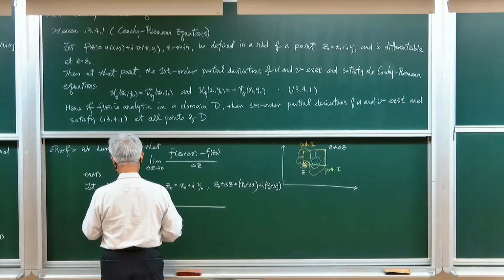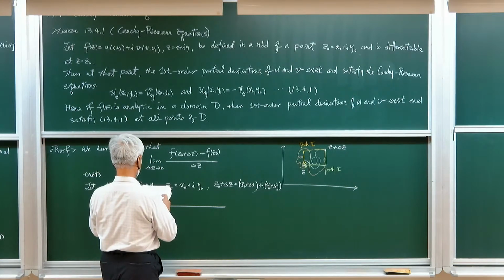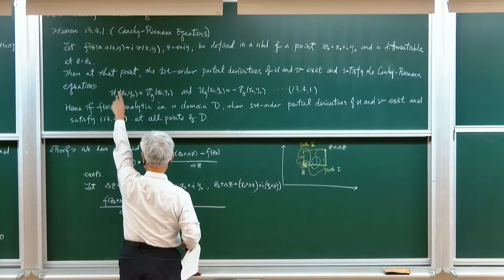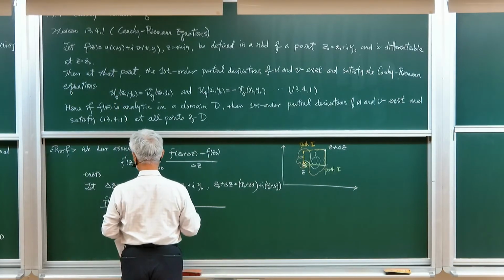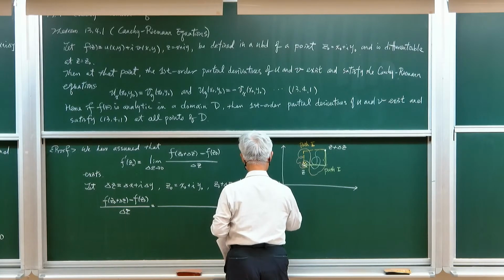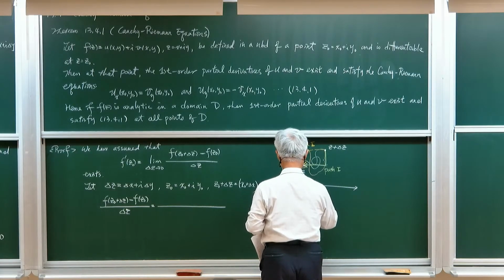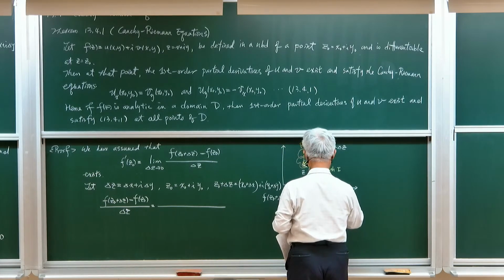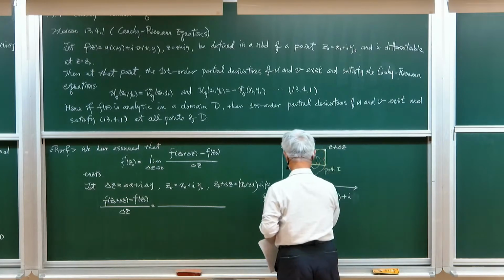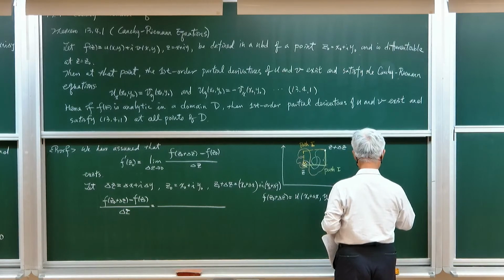The ratio becomes, so let me write here. f of z0 plus delta z, which is u of x0 plus delta x, y0 plus delta y, plus i v of x0 plus delta x, y0 plus delta y.